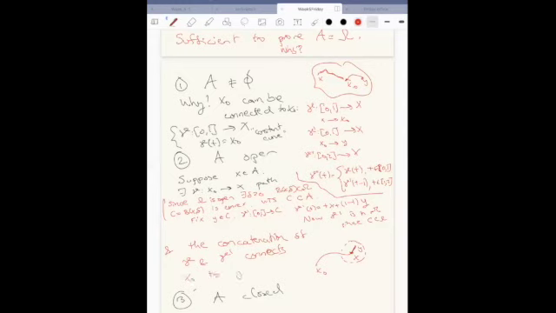So we found a curve, namely the concatenation that connects x naught to y, so y is in A. But this means that B(x, delta) is in A, so A is open. Because for every point, we found a little ball that's contained in A.